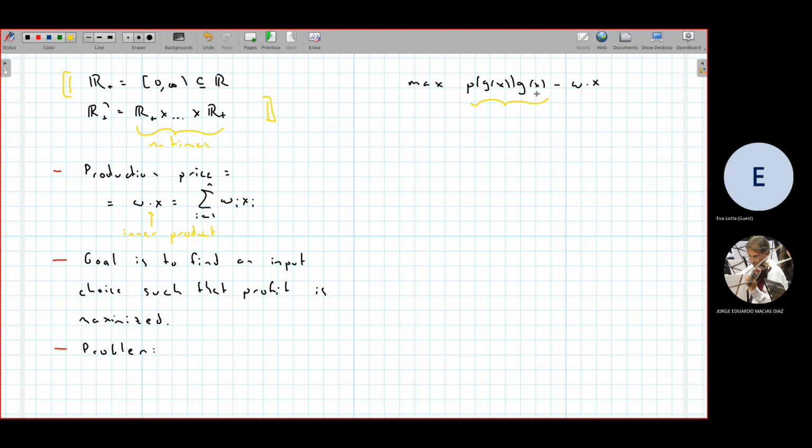So number of outcomes produced times the unit price. And of course, we have some restriction in this case. The restriction is that x is in R plus n.